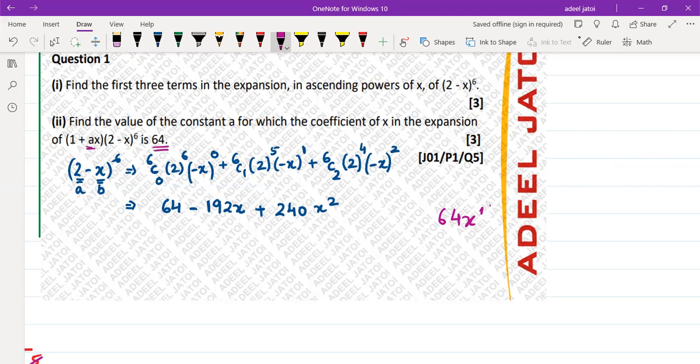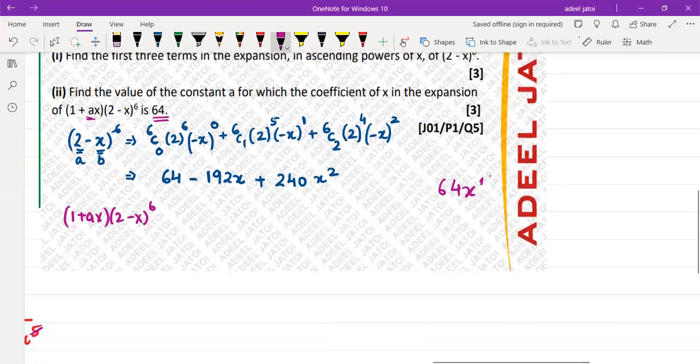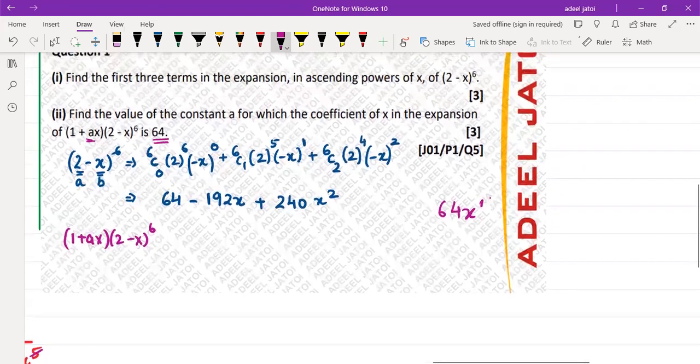And the examiner wants you to find down the value of A. But can you see 1 plus ax, 2 minus x to the power 6? When this is expanded, the answer of coefficient of x you will get is 64. So can I say, I can see that there is 2 minus x. You have already solved in the first part, and you have solved it till x square.